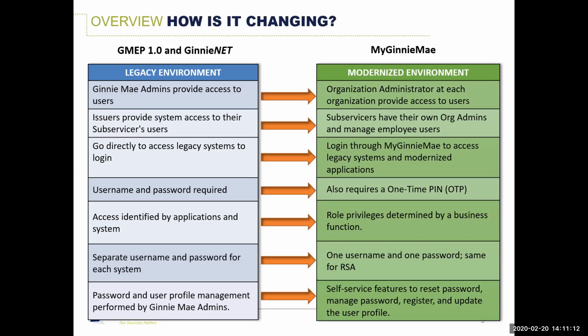Now, it's just one username and one password to get you in. And I should also mention that if you're a token holder, when you begin to use your token in our legacy systems through MyGinnieMae, meaning you logged in through MyGinnieMae to get to legacy systems, when it pops up asking you for a username when you're entering your RSA token, that username is your username for MyGinnieMae.